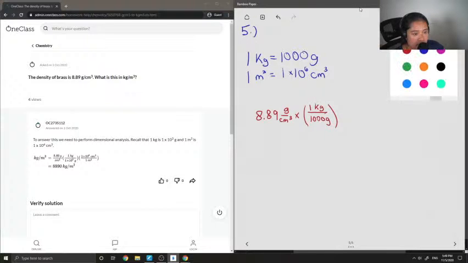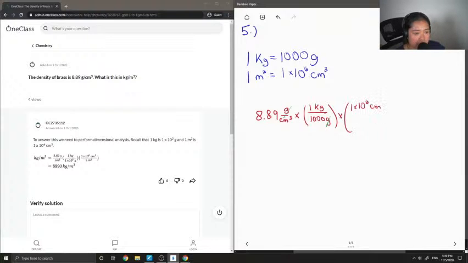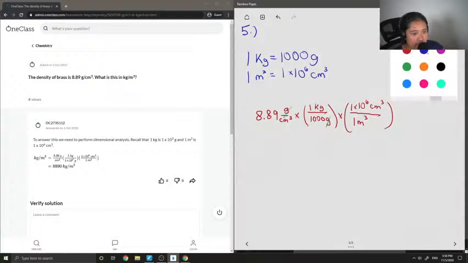My grams should cancel out. What also needs to cancel out are the centimeters cubed. So I'm going to put this at the top instead, because the centimeter cubed in the original question is in the denominator. In order to cancel it out, I need to put it as the numerator. And we're looking to convert it to meters cubed. So again, you'll see centimeters cubed canceling out.